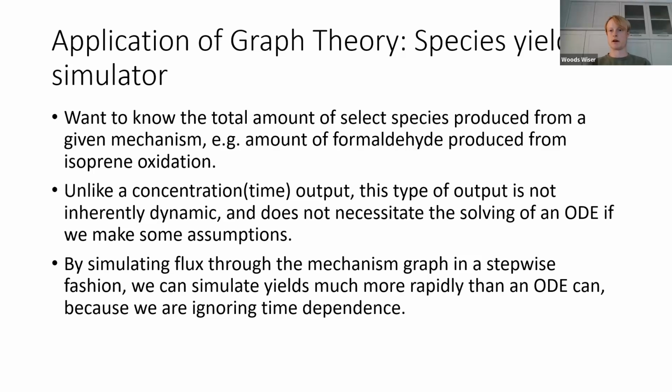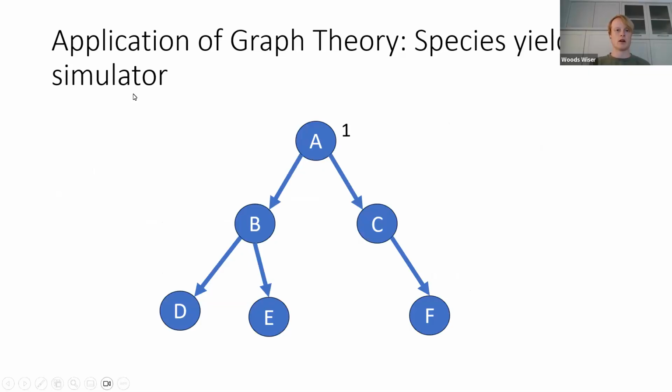But let me just show you how it works for different types of graph. So here's a simple tree graph, and I'll just demonstrate what I mean when I say yields. Here we're just going to assume that anytime there's a split in a species, so in this case A is split between B and C, 50% of the moles of A go to B and C, and that will extend to the next species.